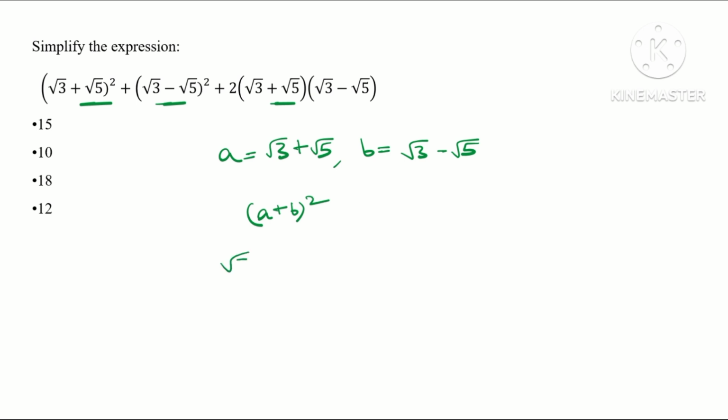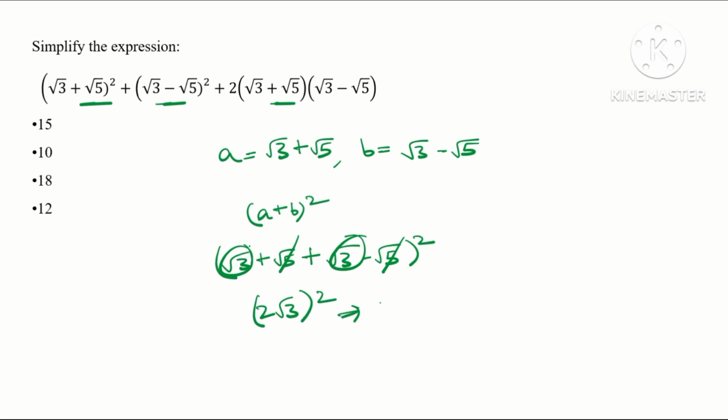So root 3 plus root 5 plus root 3 minus root 5 whole square. Here root 3 plus root 3 is 2 root 3. Root 5 minus root 5 is 0, whole square. 2 squared into root 3 square is 3. So 4 into 3 is 12. 12 is the answer.